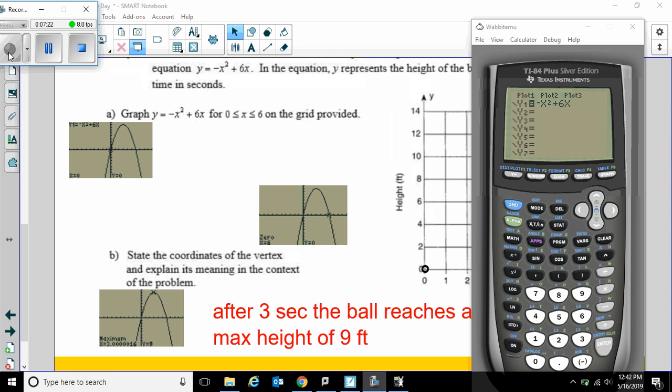Okay, class, welcome back. So we get the equation of negative x squared plus 6x in our graphing calculator. And where are we starting? Where's our starting point? All right, second graph, 0, 0. So our origin is going to be at 0, 0.